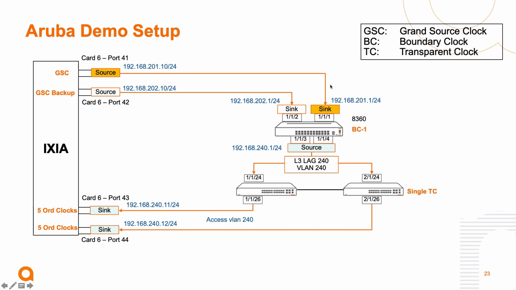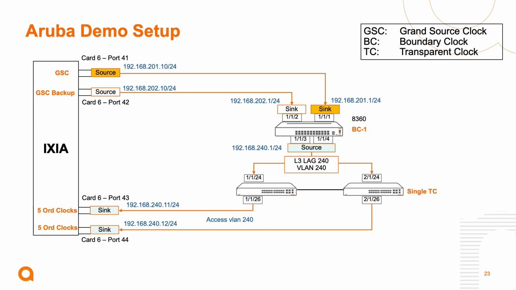The grand source clock acts as a source for the first sink in the 8360, and this is going to become our active grand source clock, the top left in the Ixia box. Then we will have a backup or standby grand source clock for our boundary clock, that is the other port on that Ixia. So with that, let's get into the demo.